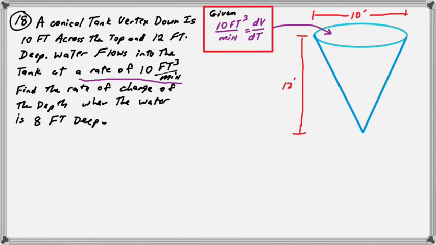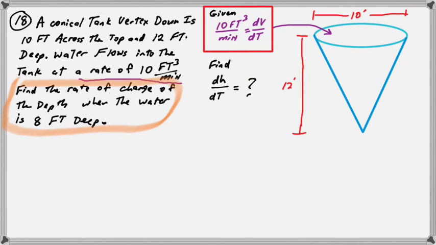Now what does it say to find? Find the rate of change of the depth. So the depth is the height. So I assume they want us to find the rate of change as the derivative of the height. So again, I think you first want to identify what's given and what they're asking for.